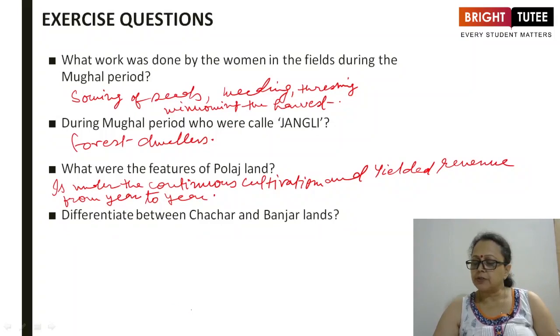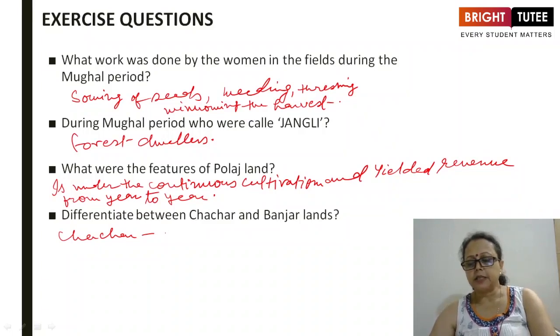Then next is differentiate between Chachar and Banjar. So what is Chachar? This is land actually allowed to remain fallow.